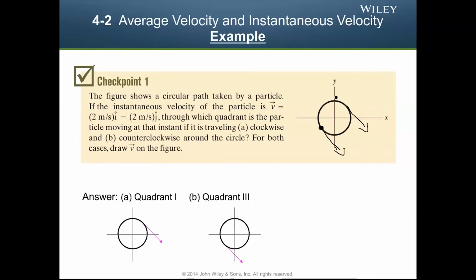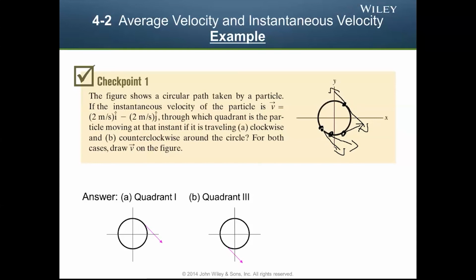We'll get into this later too, but things moving in a circular direction are always accelerating, because if we look at this point here, the instantaneous velocity is going to be something like that. Here, it's going to be something like that. And as it moves around, you can see that no matter where you are, the vector is constantly changing.